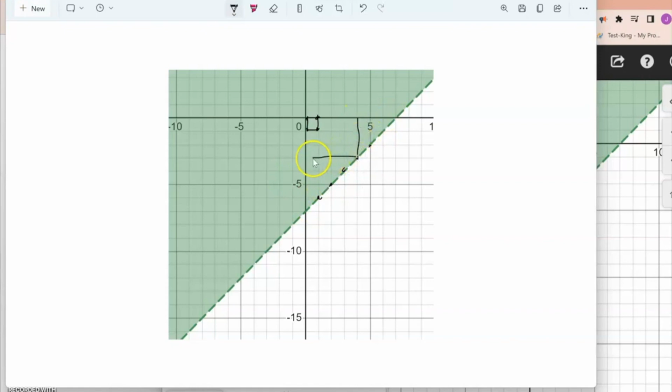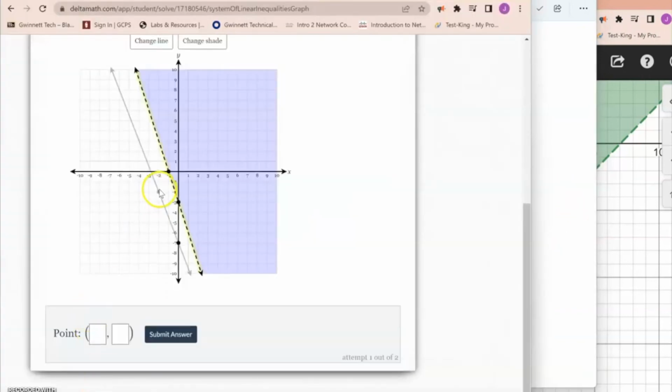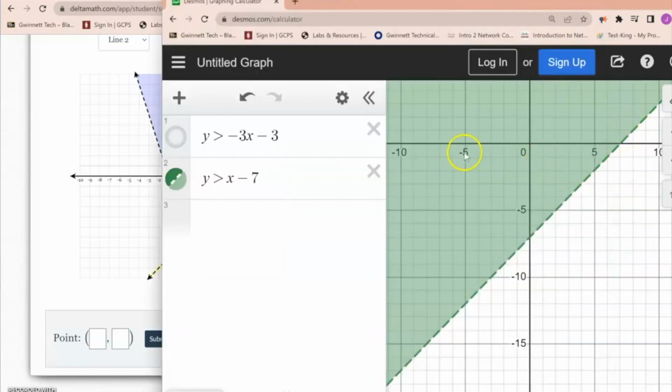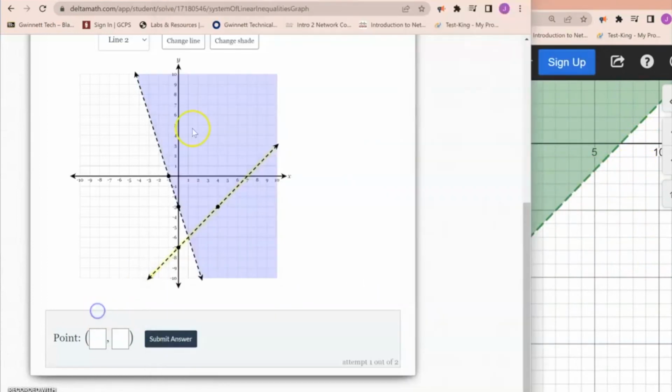This one is 4 and -1, 2, 3. So 4, -3. Again, make sure your line looks the same. I can see mine is dotted, so that needs to be dotted. And then my shade is on the left, or on the top, however you want to say that. So change your shade to the top.